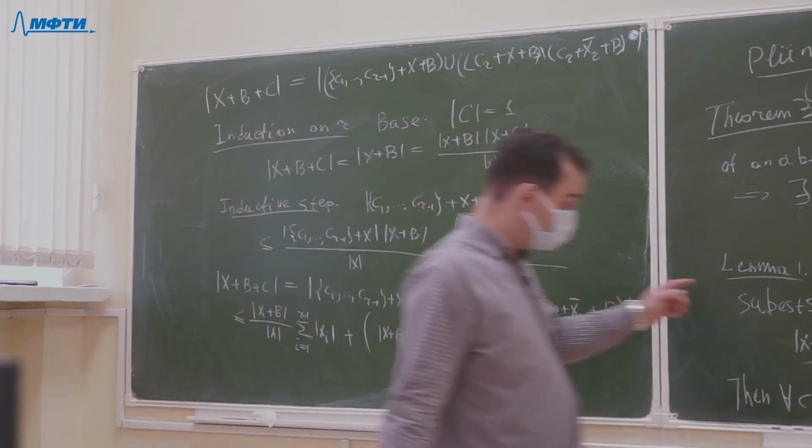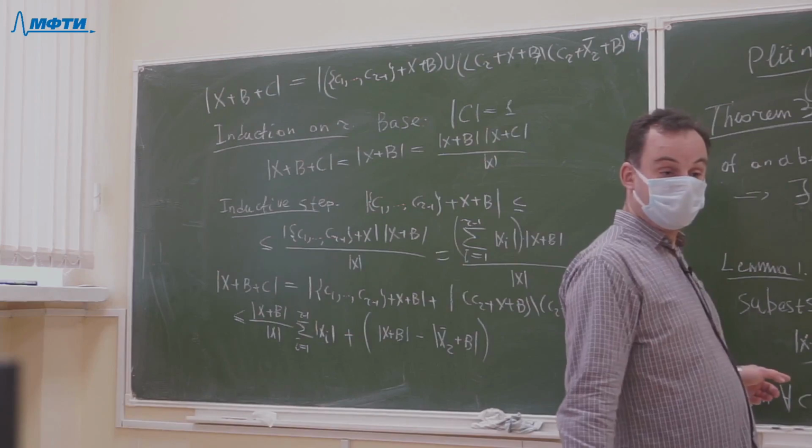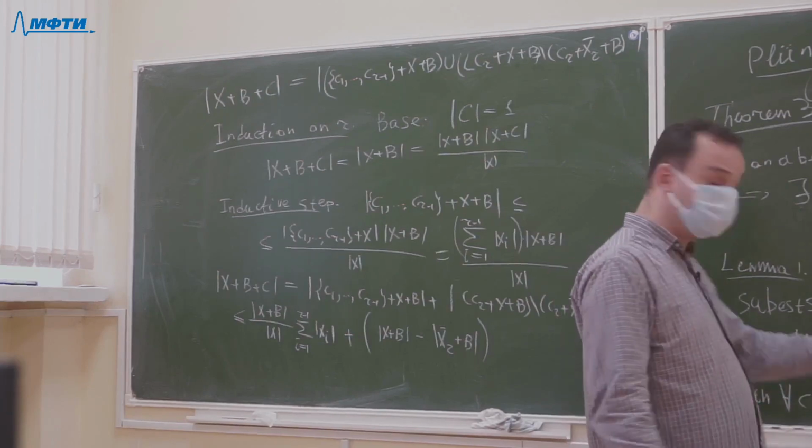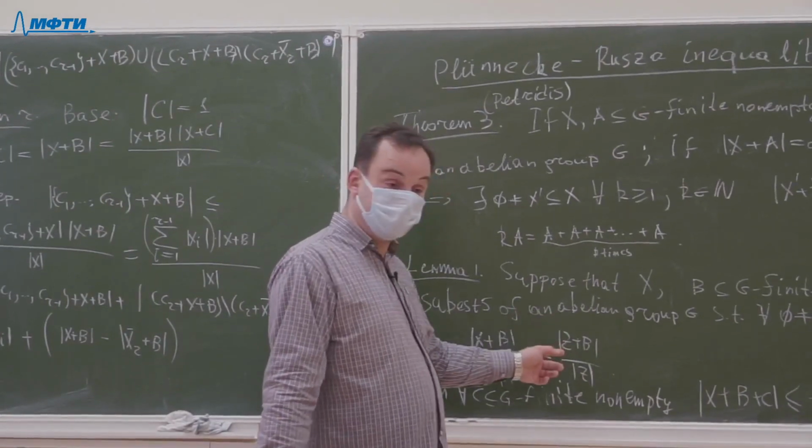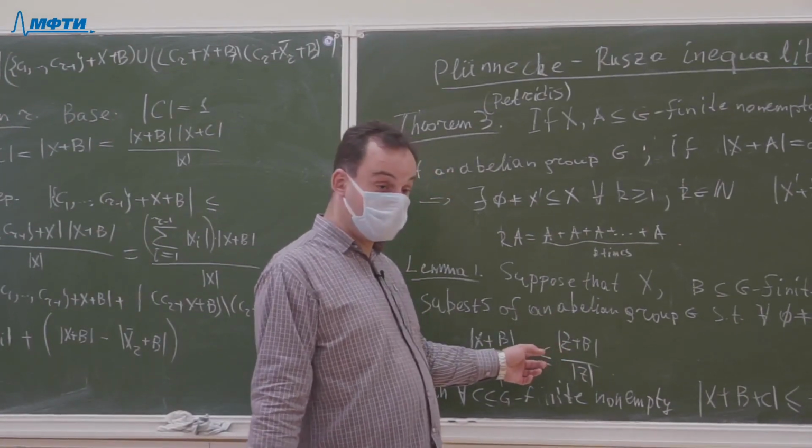We use this condition, because X_r complement is any subset of X, right? We can substitute X_r complement instead of Z here.